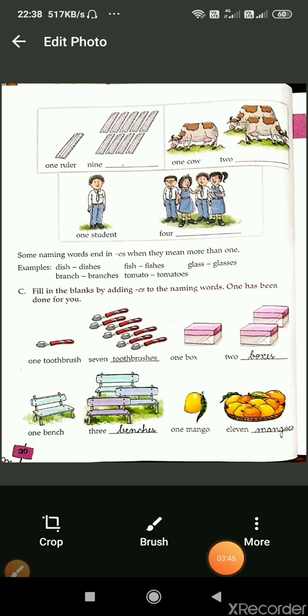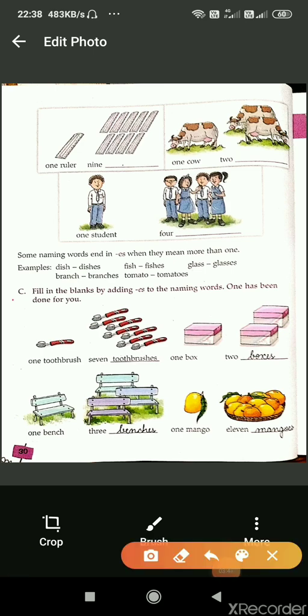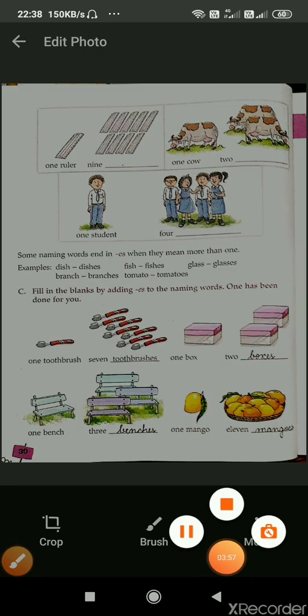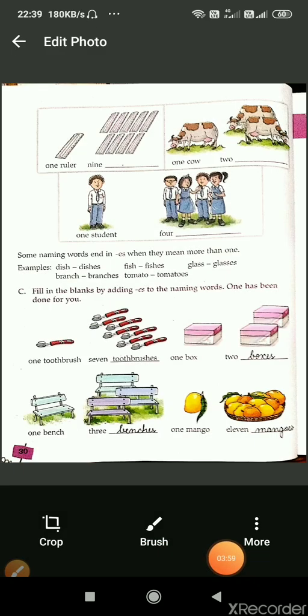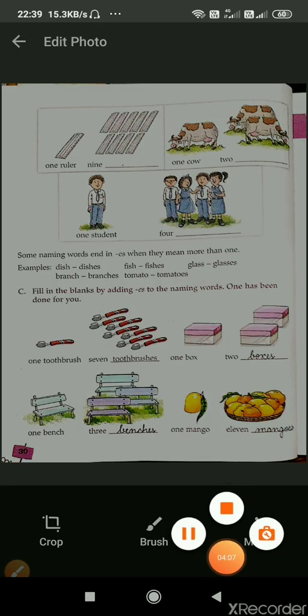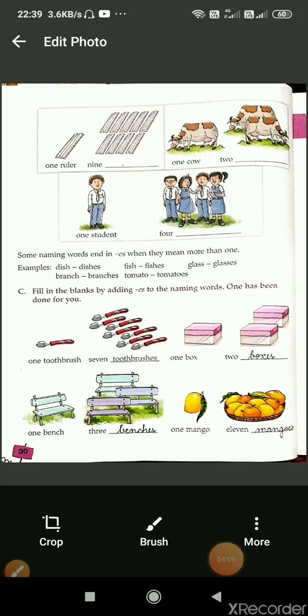Let's come to question C. Fill in the blanks by adding es to the naming words. One has been done for you. Here we have to change the singular form into plural form by just adding es. Let's see the first part, which is already done.